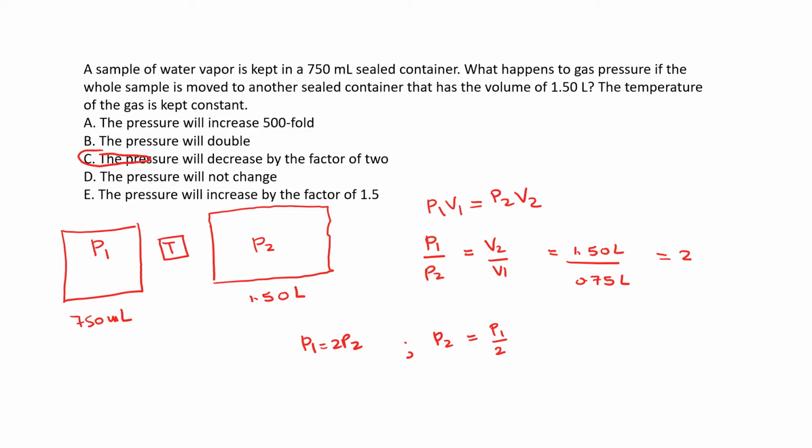In other words, P1 equals 2P2. So this pressure equals twice as this one. In other words, the pressure will decrease by a factor of 2. So your answer is C.